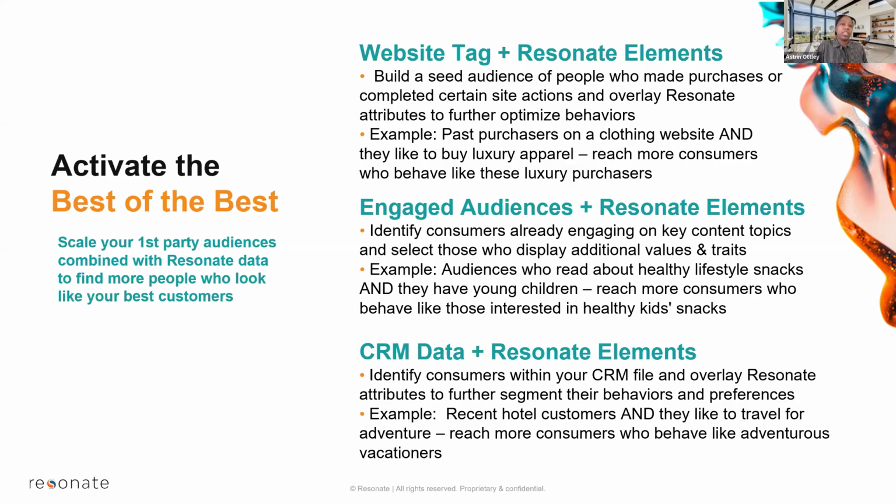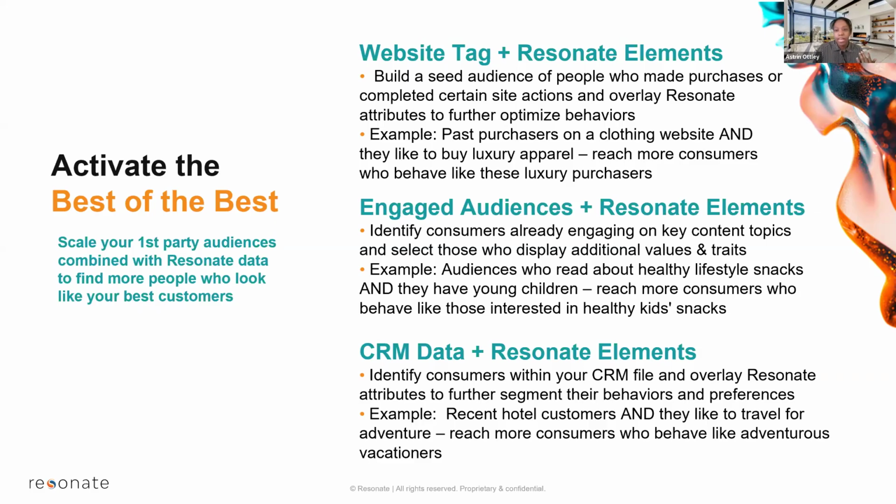First, starting with the website tag and Resonate elements. So if you have placed a tag on a client's website, on a brand website, you can capture visitors who engage on your site, make certain actions or CTAs that you may have throughout your site, and then you can lookalike model that by adding on Resonate elements.